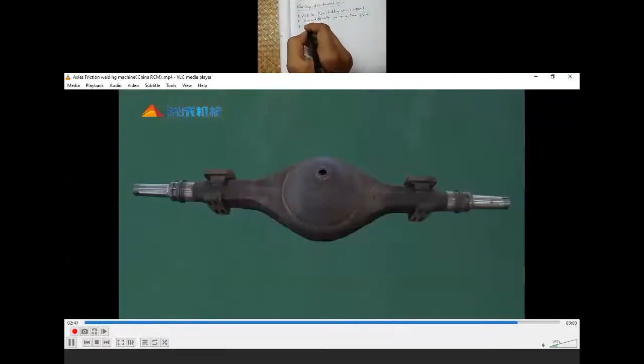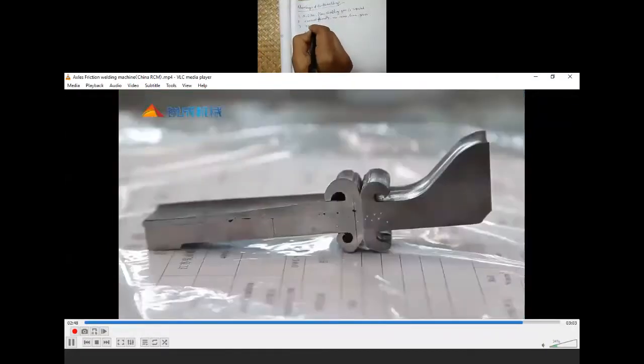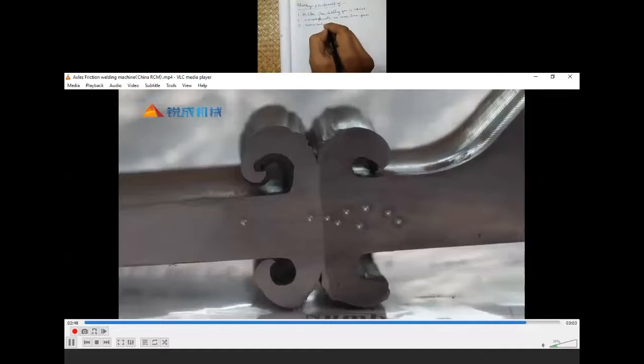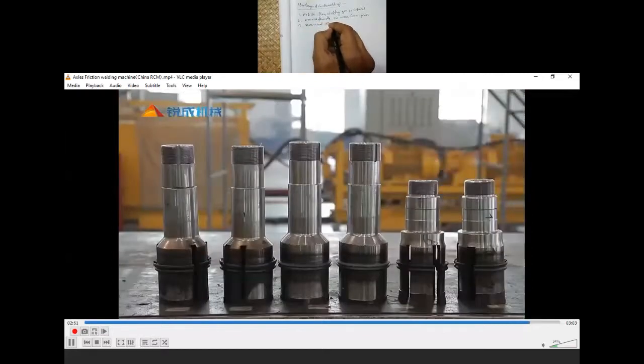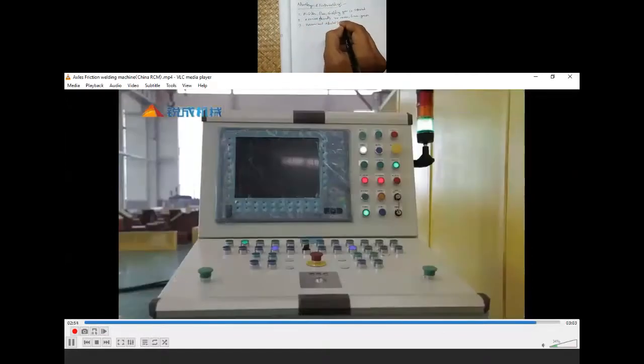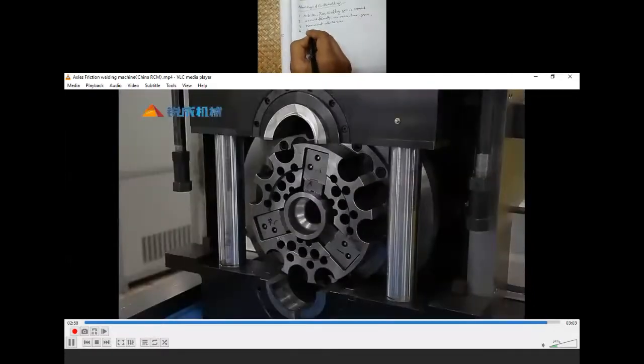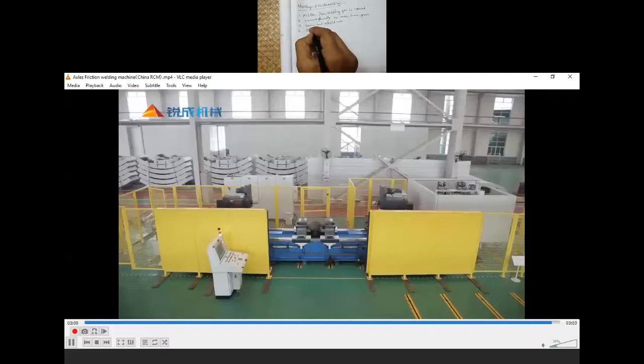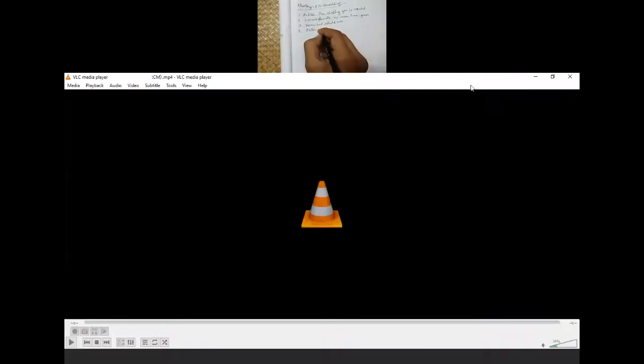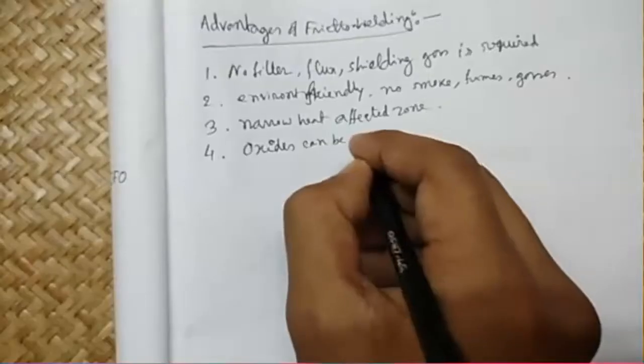Number three, no material is melted, so a narrow heat affected zone. Number four, the oxides can be removed easily. Oxides are very less, and can be removed easily.